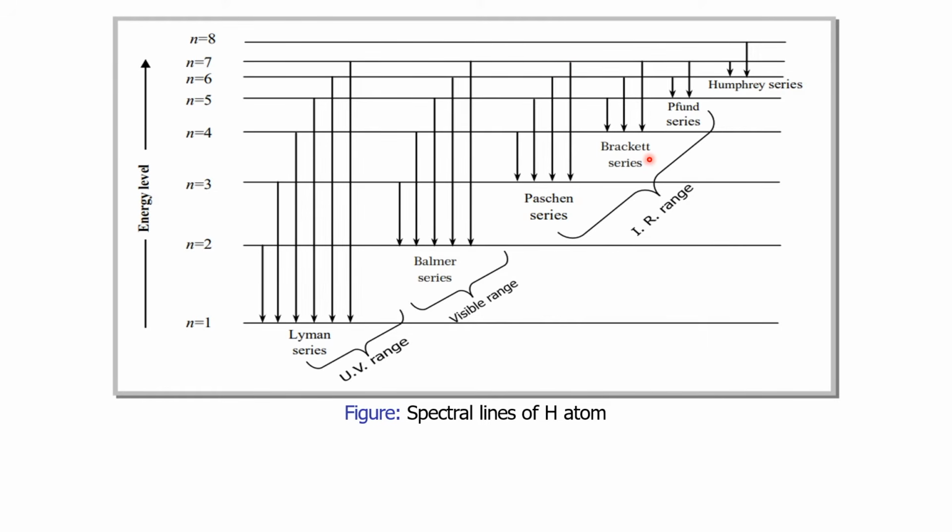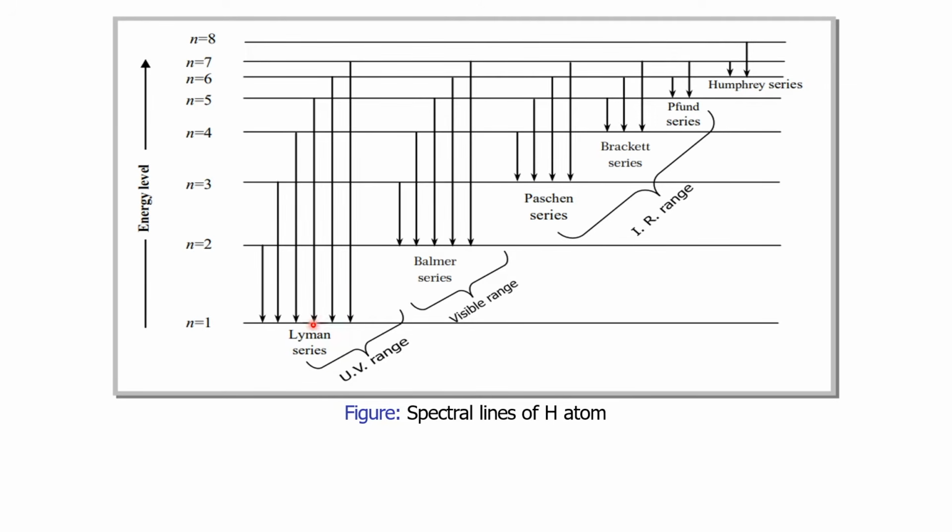Now, what we can see here is, as we move from n equals 1 to n equals 2, and then from n equals 2 to n equals 3 and so on, the energy gap between two consecutive energy levels decreases.